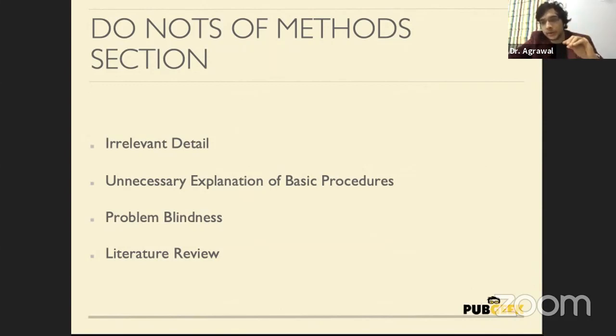Once it's been published, you can reference that article within your method section. You're allowed to do that, okay? And say that we defined DDH as so and so, reference, Anirudh et al., or whatever it is, okay?